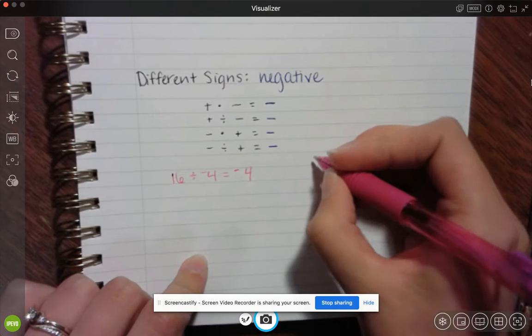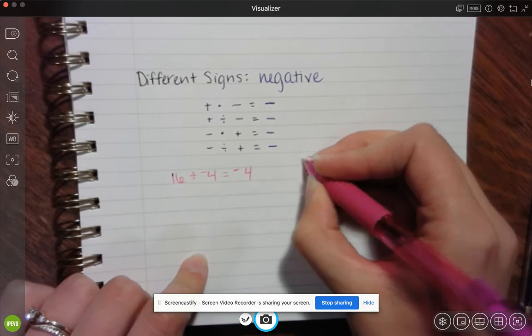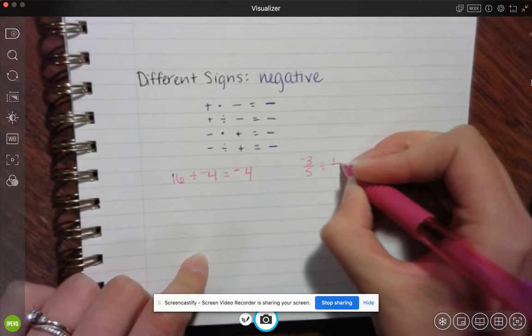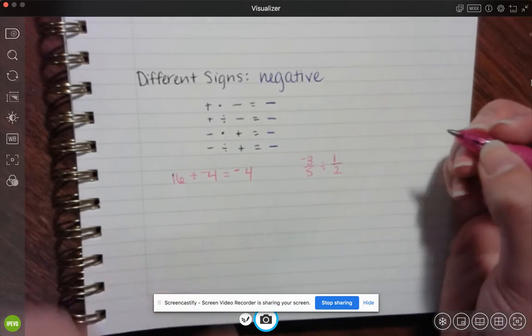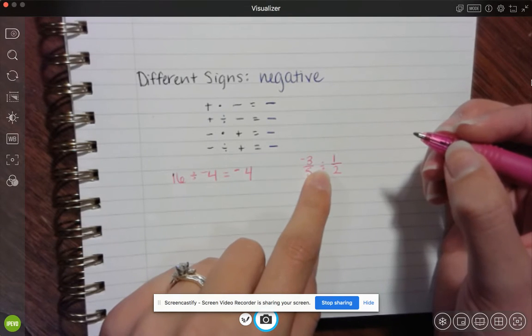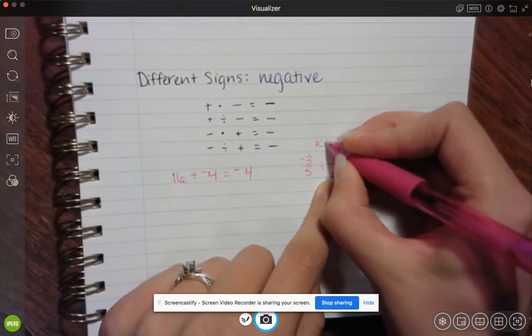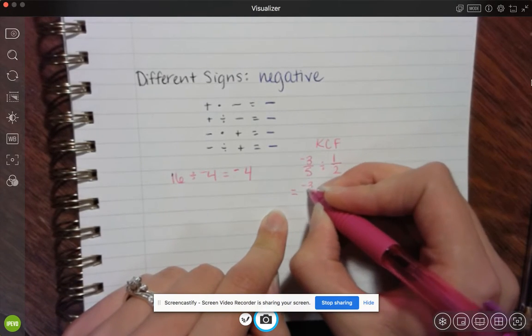If I did negative 3 over 5 divided by 1 over 2, right, how would I do that? Well, different signs, so I know my answer would be negative, but we have division, right? So how do we divide fractions? We use keep, change, flip. So I'm going to rewrite this as negative 3 over 5.